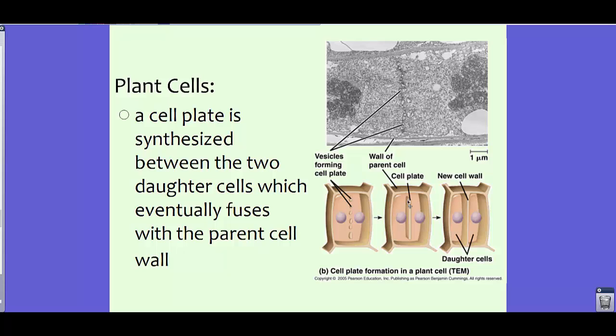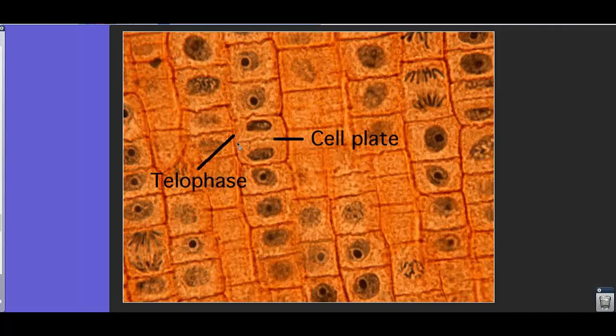The cell plate gradually becomes whole, and then eventually it becomes the cell wall once it's finished. In this TEM picture up here, you can see these vesicles creating a cell plate, and it will eventually become a cell wall. In this picture, which you've already seen before, you can see the cell plate right here. It hasn't become a full cell wall yet, but it's close enough.